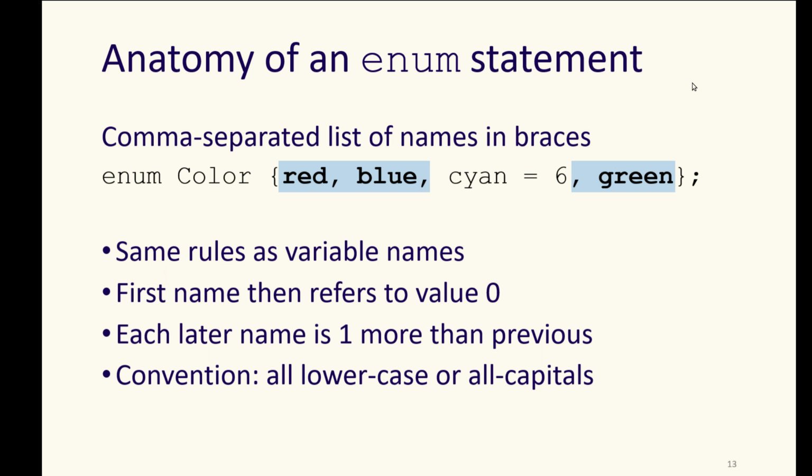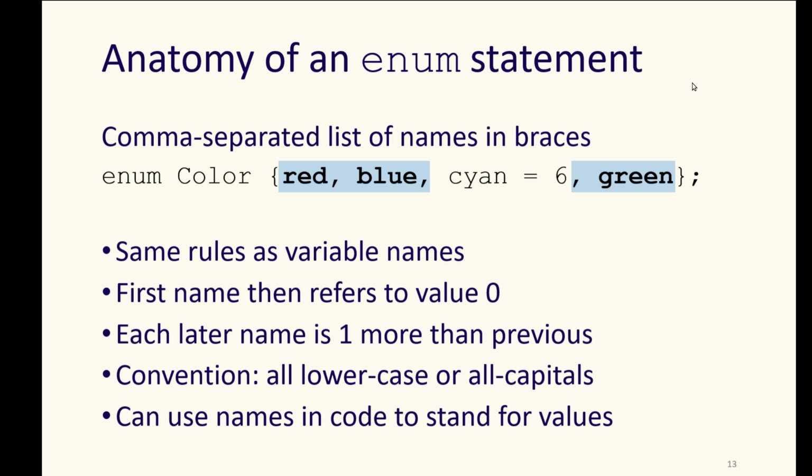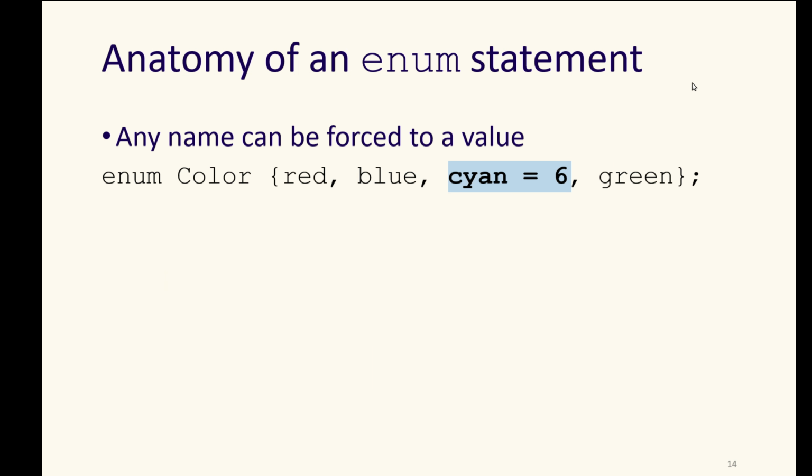You should typically use all lowercase or all capitals for these so that they don't look like a class name. You can use names in your code then to stand in for those values like red or blue or cyan or green.